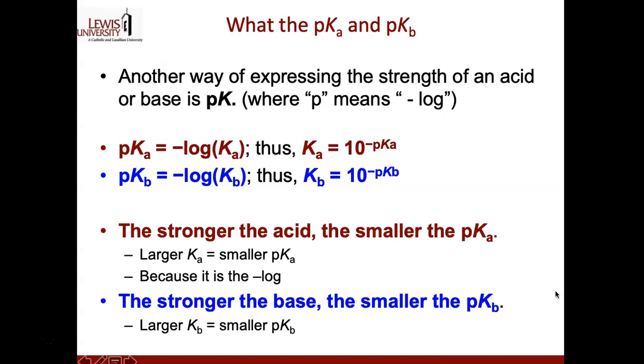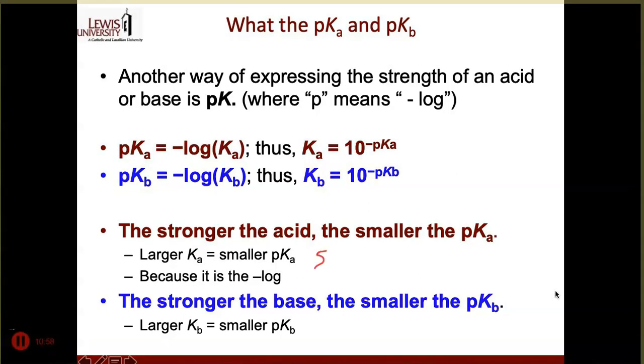A larger Ka value means a smaller pKa. So if we have a strong acid, then we're going to have a really large Ka value, and that's going to give you a really small pKa because this is a negative log, right? That negative term means you're going to have the opposite effect. And the same thing for a base. If you have a really large equilibrium that favors products, that's going to give you a small pKb, which means you have a strong base, right?